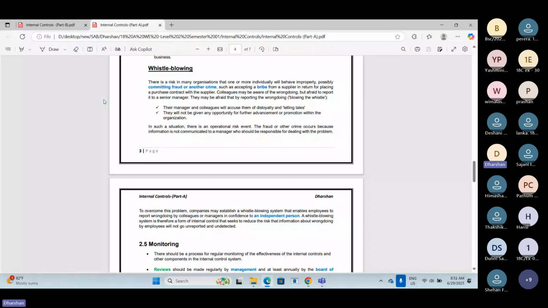In order to mitigate that negative impact, organizations normally decide to appoint a whistleblower, an independent person. Then employees can tell, without any doubt, about illegal activities done by their subordinates to the relevant person, the whistleblower, and the whistleblower will inform the relevant authority.